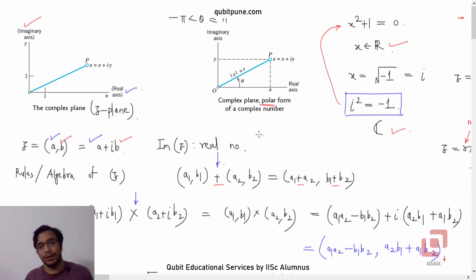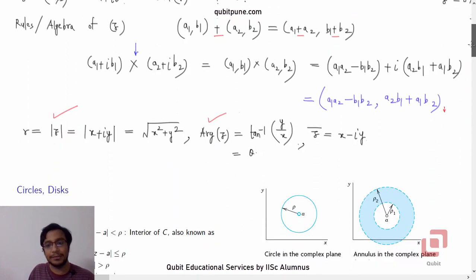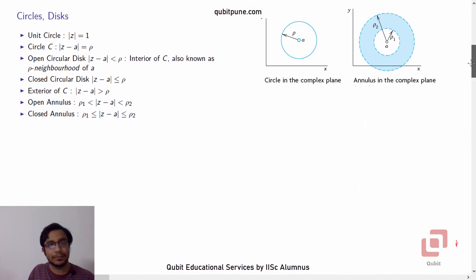We may not be solving very high level problems based on this, but even if you understand the basics, it is enough to understand the calculus part, starting from the functions. Now let us talk a bit about sets of complex numbers. We will talk about sets, but let's first define some terms and obtain their equations.